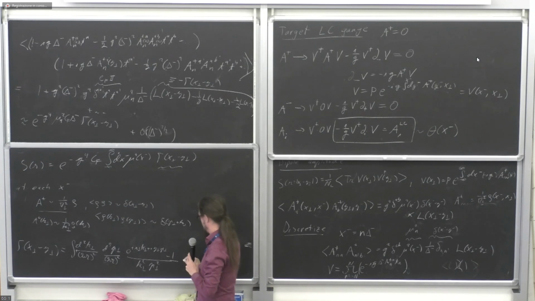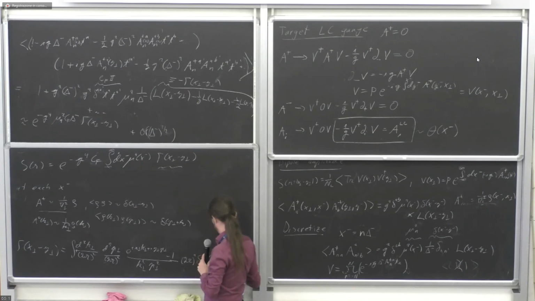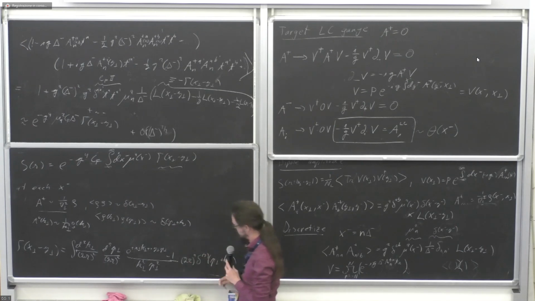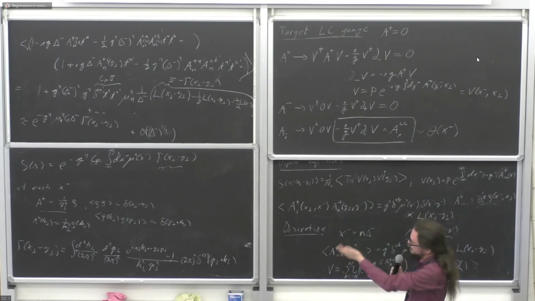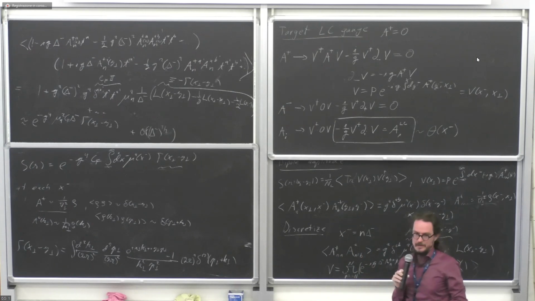And then here I have a 2 pi squared delta function of p perp plus k perp, which comes from the rho correlator in coordinate space. Good. So if I can calculate this thing, I can calculate the rho integral.